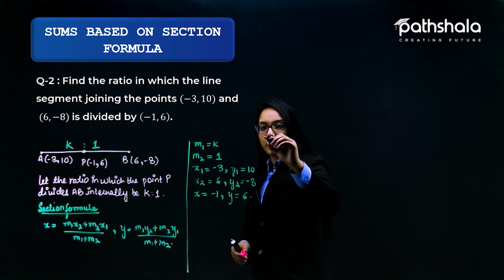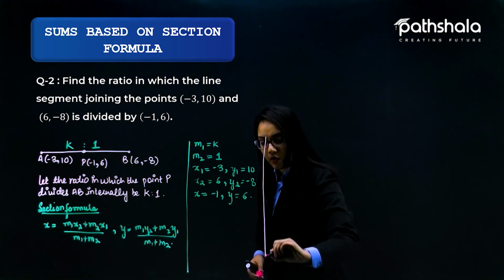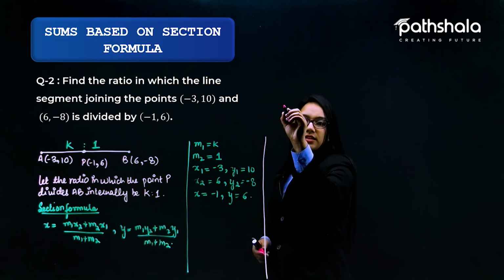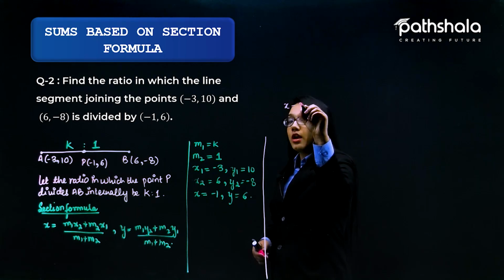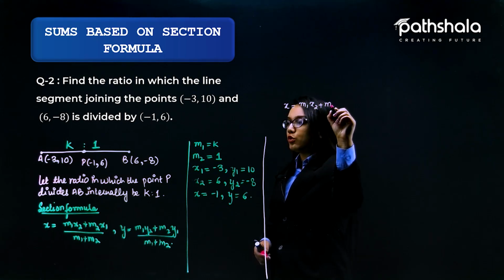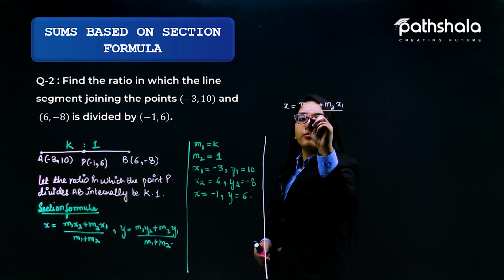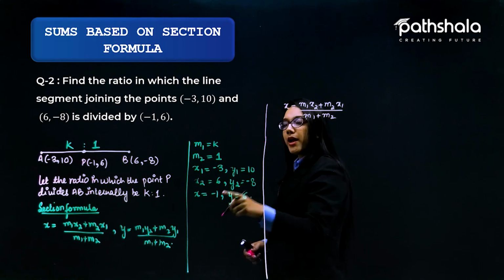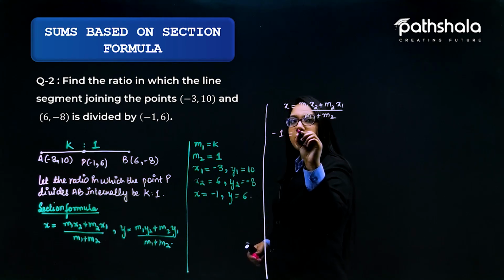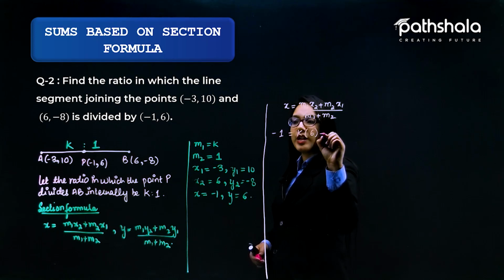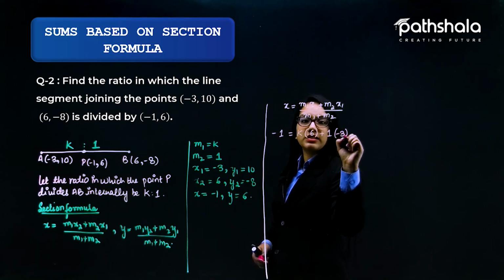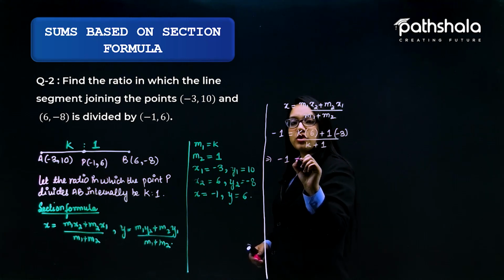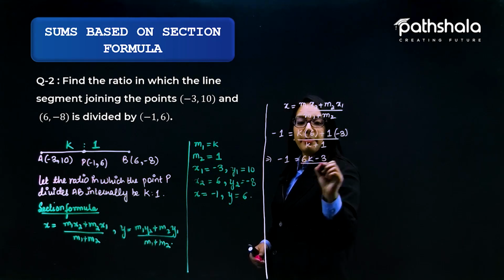Let's talk about x first. x is (m1x2 + m2x1) by (m1 + m2). Plugging in the values, -1 is equal to (k times 6 plus 1 times -3) divided by (k + 1). So this is -1, which is equal to (6k - 3) by (k + 1).